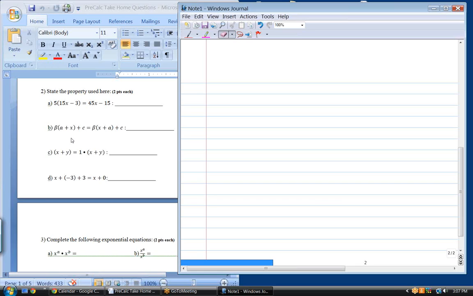I'm sorry, excuse me? The commutative property is the one that says A plus X equals X plus A. So we're just switching X and A. That's the only difference between what's on the left side of that equation and what's on the right. Okay.